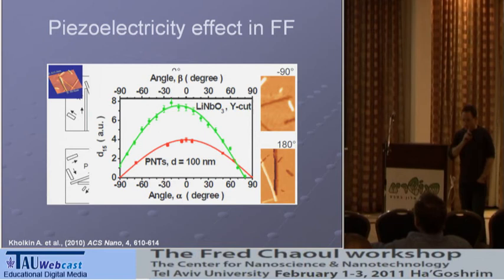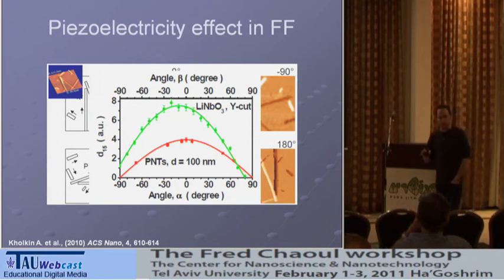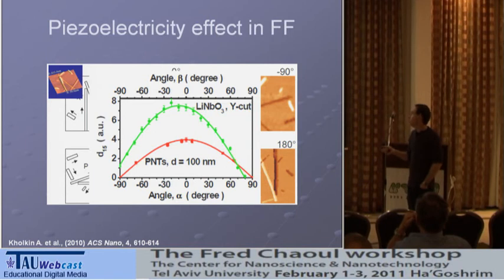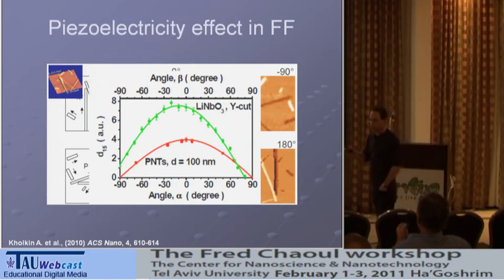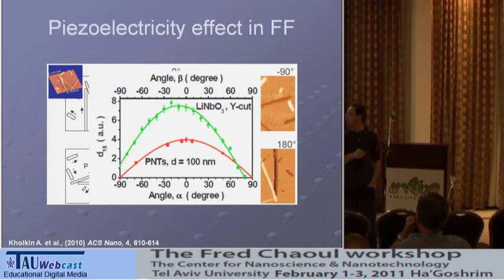It's not like organic piezo crystals such as collagen. Collagen has piezoelectricity, but it's 10 or 20 times less than these peptide nanotubes. So as of today, this is the strongest piezoelectricity that has been observed in bio-inspired structures.